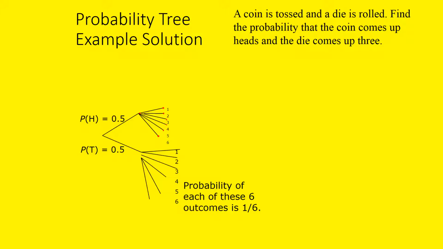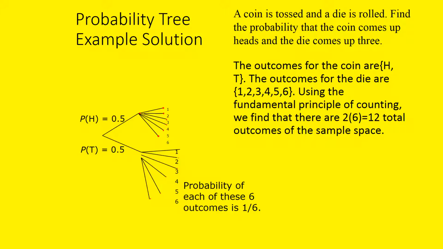And the same is true if the coin came up tails. You have either 1, 2, 3, 4, 5, or 6. Probability of each of these outcomes is 1/6, assuming a fair coin.